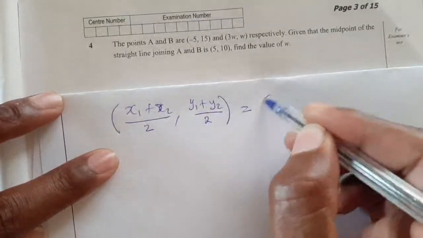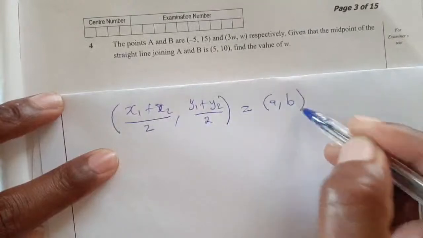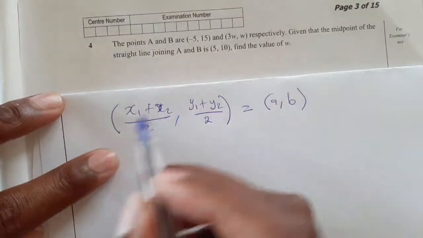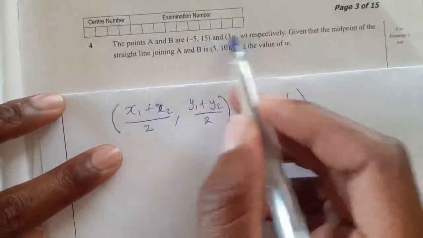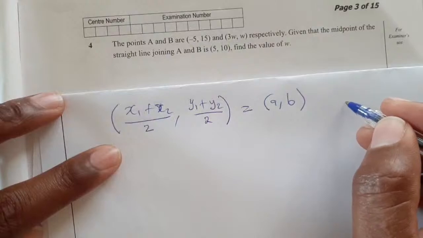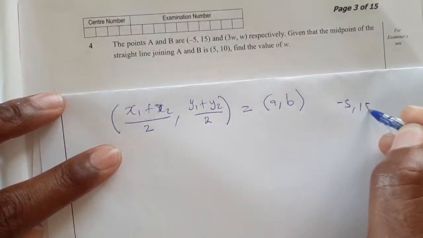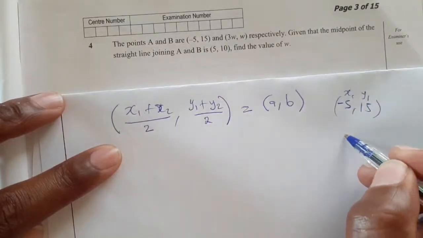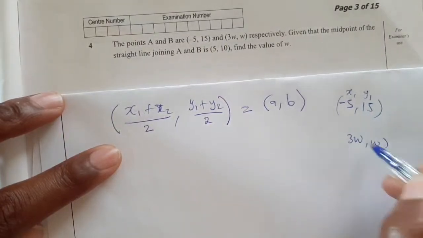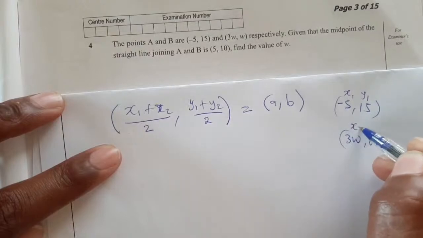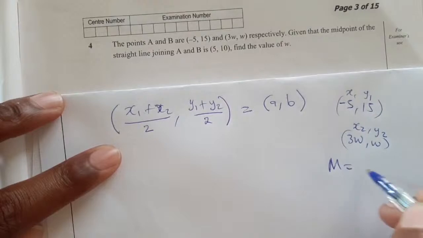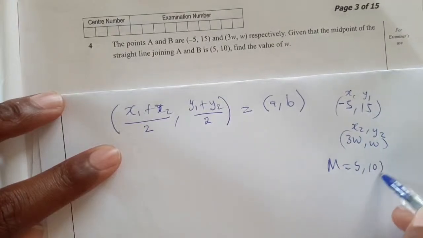This is equal to x, comma, y, which is the midpoint of A and B. I'm going to use the points that have been given. The -5 and the 15 are x1, y1, then 3w, comma, w are x2, y2. Then the midpoint is 5, 10.